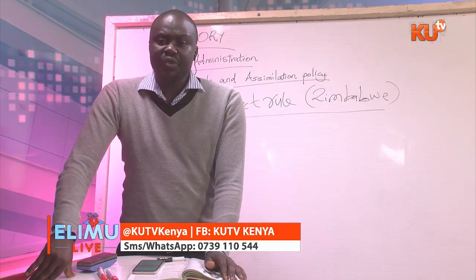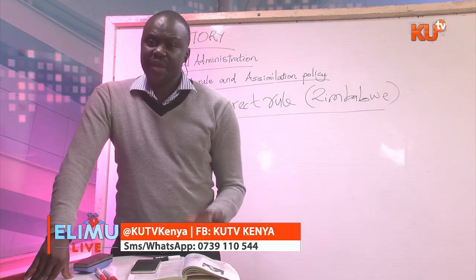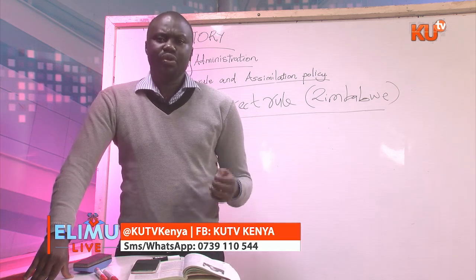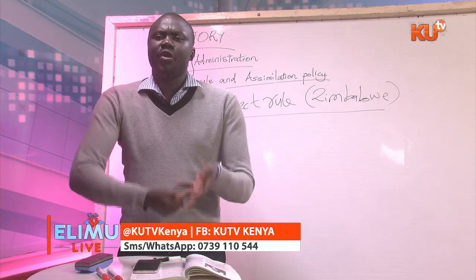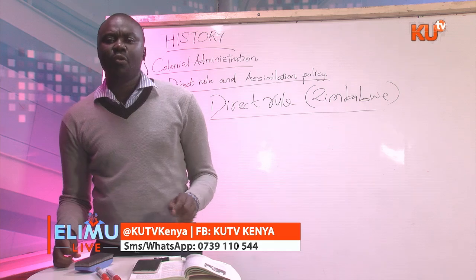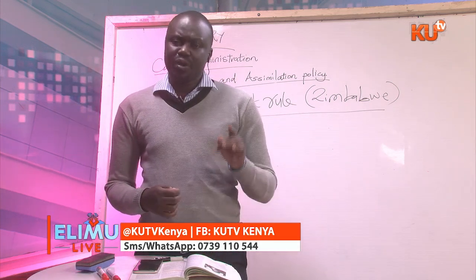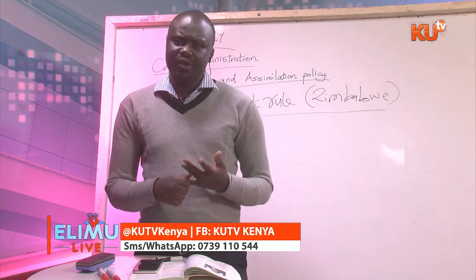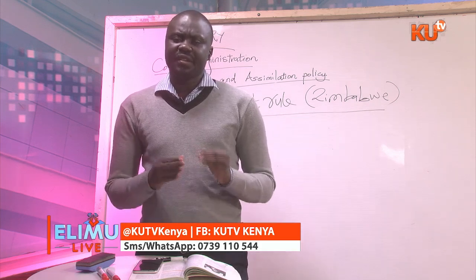But most of this is because of this direct rule that the British left, and indirect rule that encouraged people to identify with ethnicity, how they used to employ African chiefs, also dealt with ethnicity. That is why most countries which are formerly British colonies, because of their policies of both direct rule and indirect rule, they've left these countries with ethnic strife.